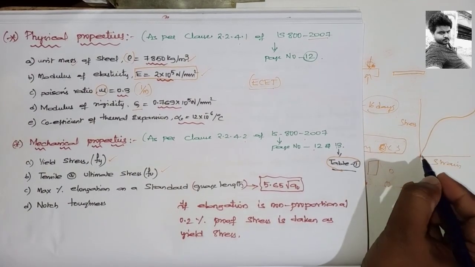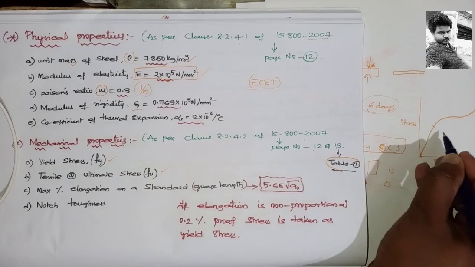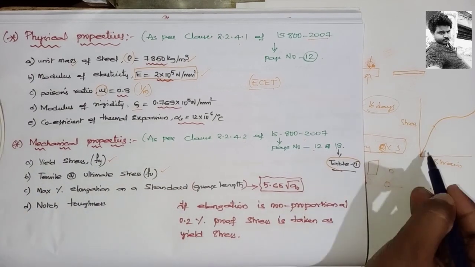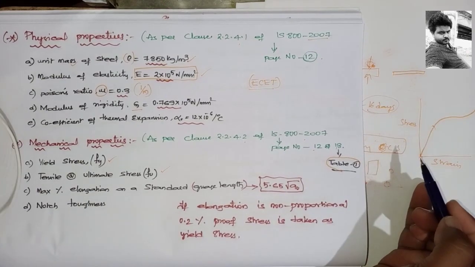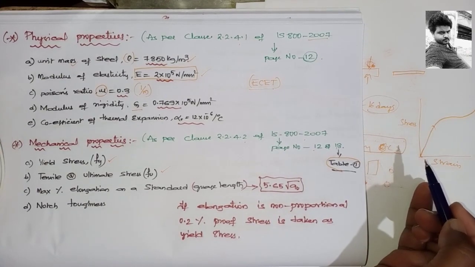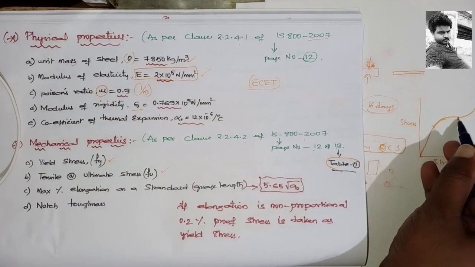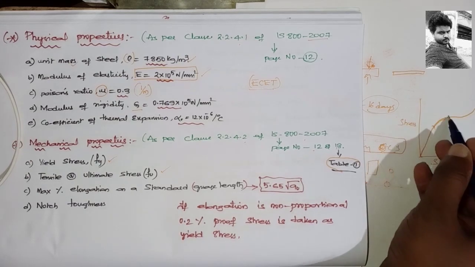You will have different proportionality limits, which I think you have studied earlier in strength of materials, the theory of stresses and strains topic. Continuous strain will be increasing without increase in the stress.